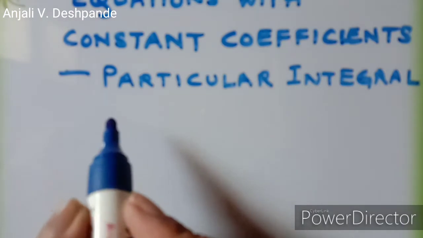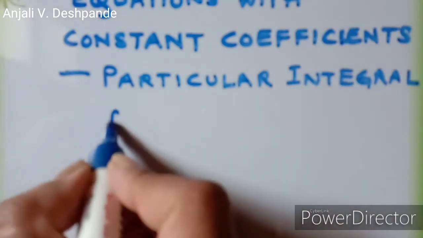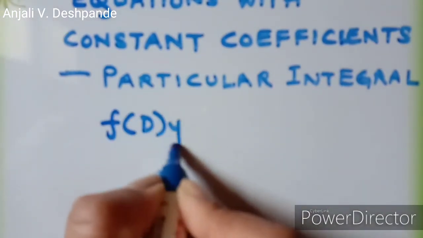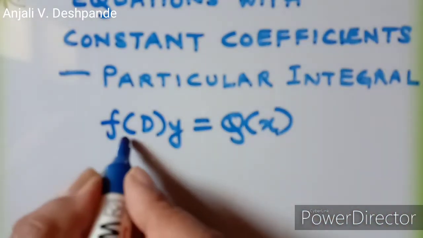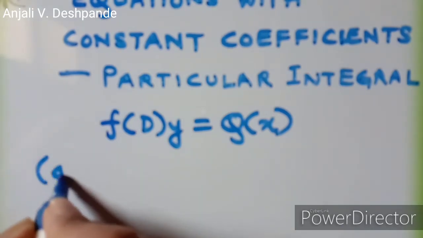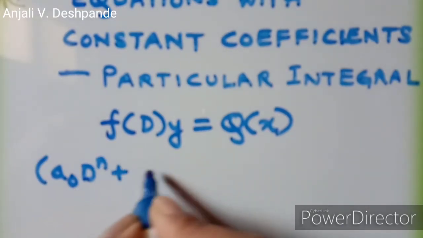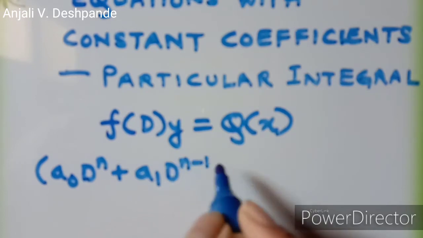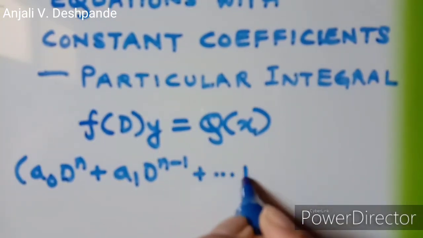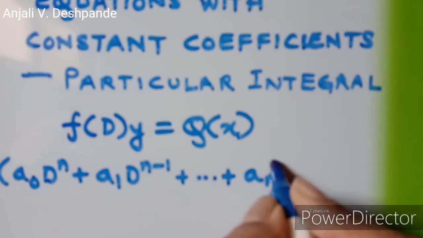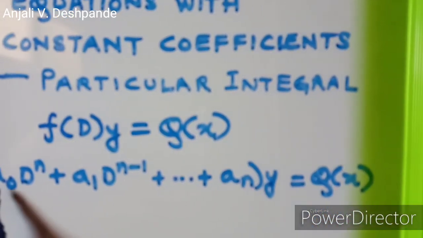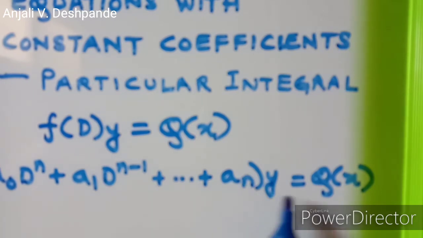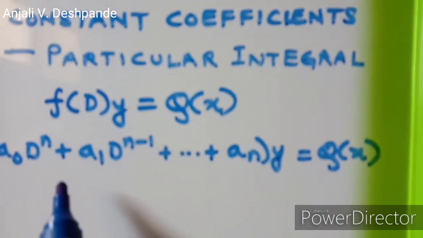Just for a brief recap, linear differential equations in a concise form can be written in this way, where f of D can be written as a0 D^n + a1 D^(n-1) + and so on + an, and f(D) y = Q(x), where a0, a1 and so on up to an are constants and this Q obviously is a function of x.